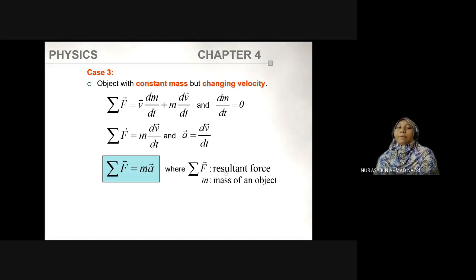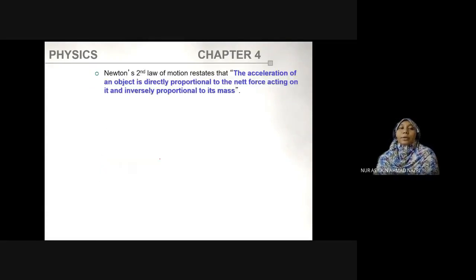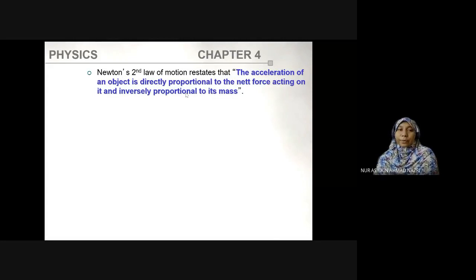The net force is the mass of an object times acceleration, and the resultant force is always in the same direction as the motion or acceleration. Why? Because mass is a scalar, so your force follows whatever direction the acceleration is. Then from there we restate it.